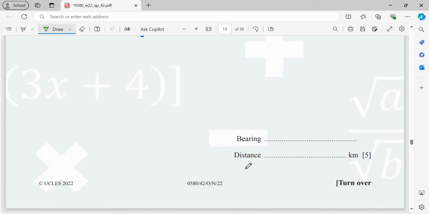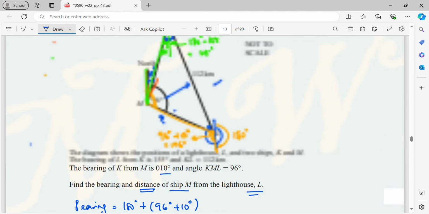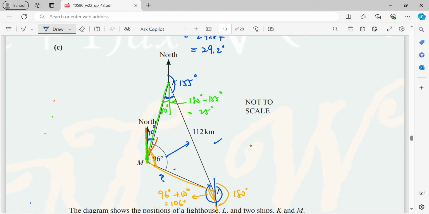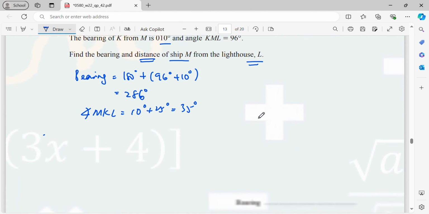Okay, so angle MKL equals to 10 plus 25. That is 35. So now I know the angle. Here is 35. Then I can find the opposite side by using sine rule. So the formula will be 112 over sine 96 degrees. That is ML over sine 35 degrees.